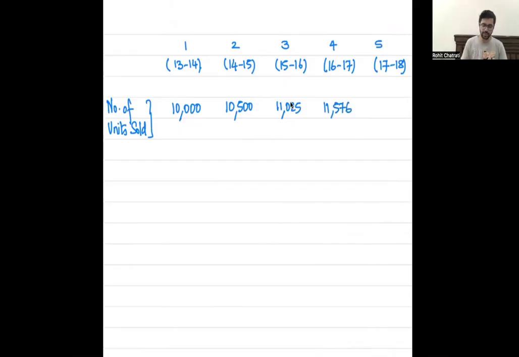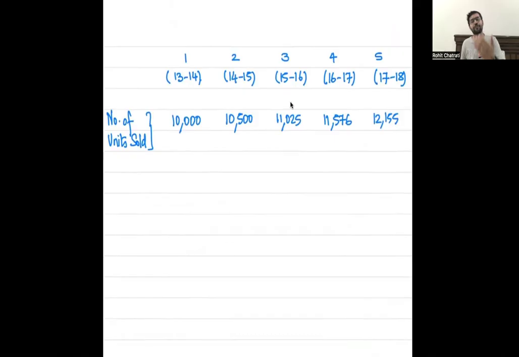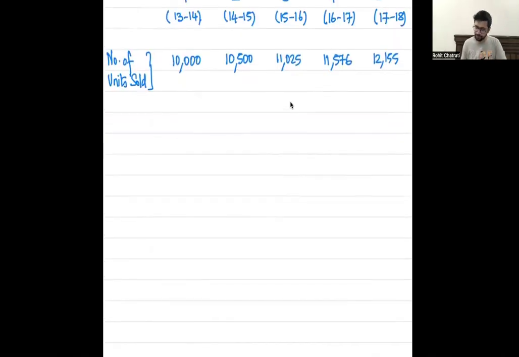And further, that's going to increase by 5%, and that will be 12,155. I'm ignoring decimals because obviously number of units sold cannot be a decimal number. So I expect to sell 10,000 units in the next year. That's going to increase by 5% in year 2, further by 5% in year 3, year 4, and year 5.